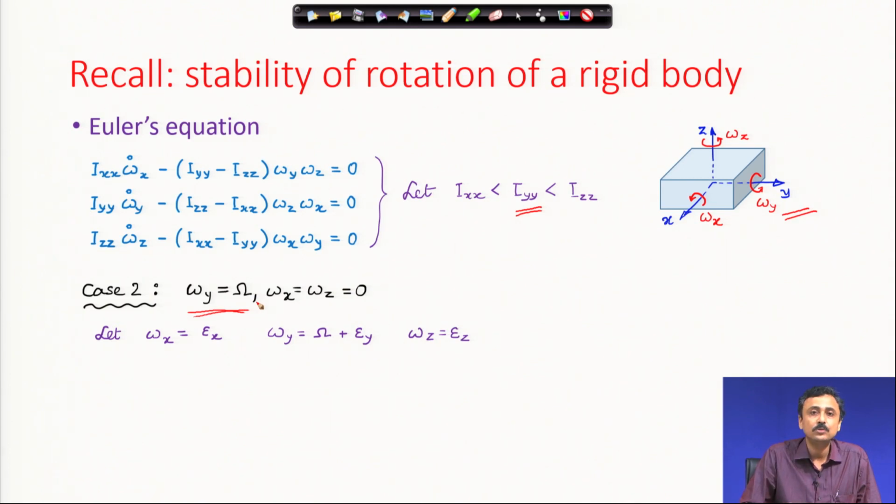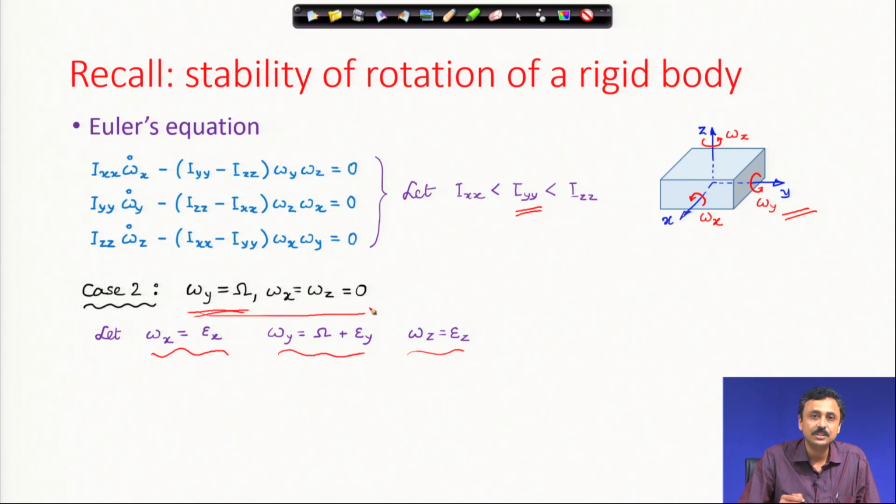When we want to study the stability of this spin state for this unsymmetric body, what we do is we perturb the actual angular velocity and we see what happens to this angular velocity vector. How does it evolve? How do the perturbations evolve? This is how linear stability is done. So, we are studying the linear stability of this system about the intermediate axis, the spin about the intermediate axis.